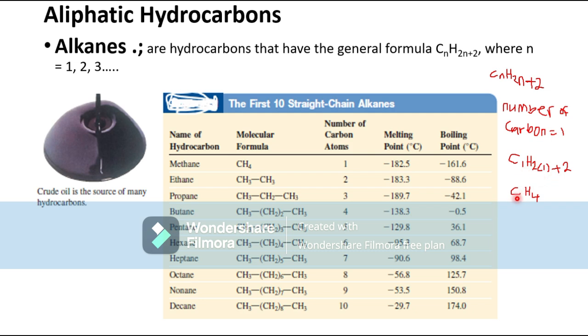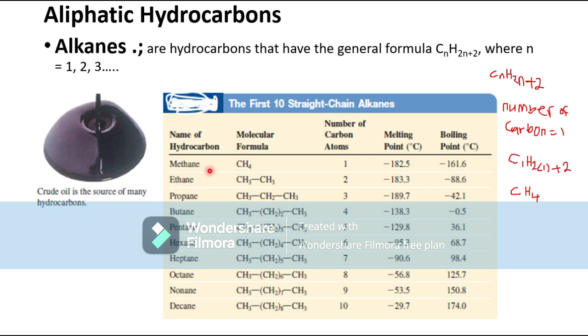Calculating this, C times 1 gives us C, H2 times 1 gives us 2, 2 plus 2 equals 4, and we have CH4. So this is the formula of methane, which is the simplest of the alkane group.